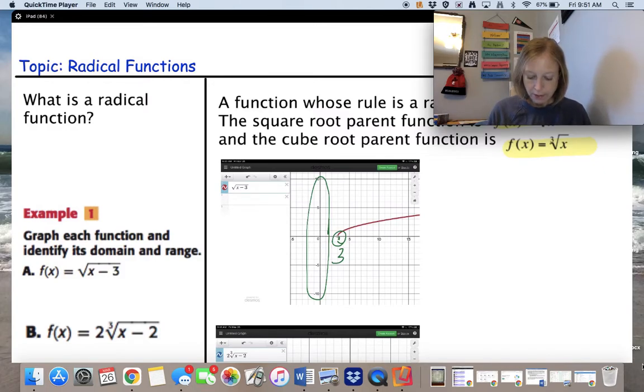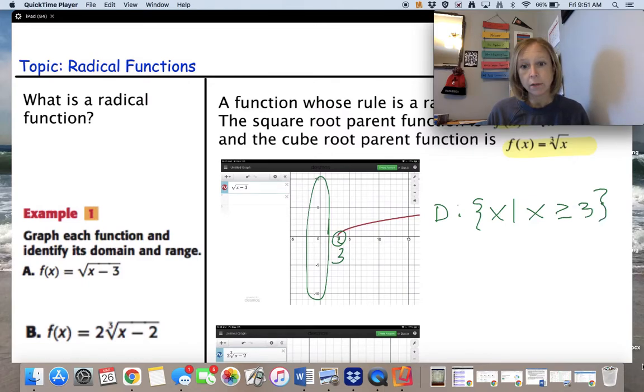So let's now identify the domain and range. The domain of this function, the x values, are all the x values, in this case, that are greater than or equal to 3, because the graph starts at 3 and goes on infinitely to the right.